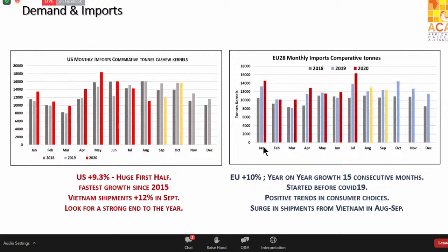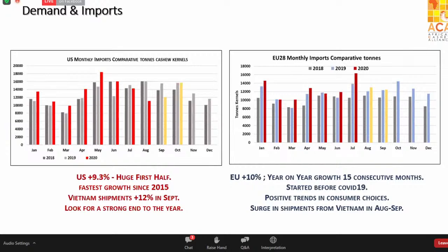So this chart again is monthly imports into the European Union over 3 years, 18, 19, and 20. If we look at the blue compared to the grey, you can see strong trends in demand, particularly toward the end of 2019. This continued into 2020.